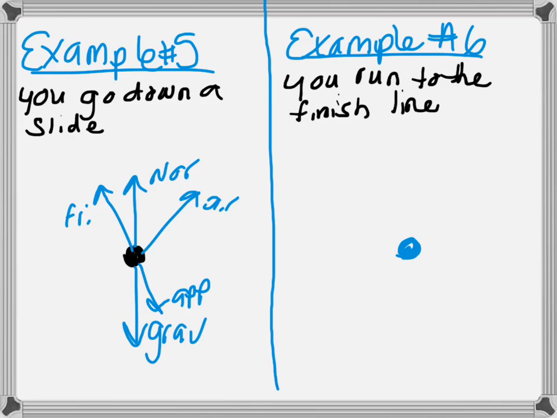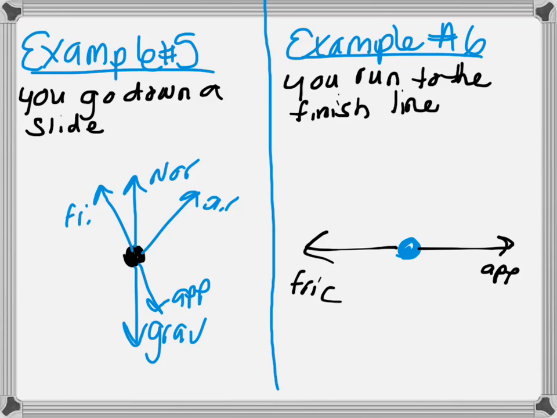You run to the finish line. I didn't really tell you which direction you're running. So let's just pretend you're going to run to the right this way. All right. So you run. This is an applied force because you are doing it yourself. Friction is always going to be going against you because you're going across the surface.